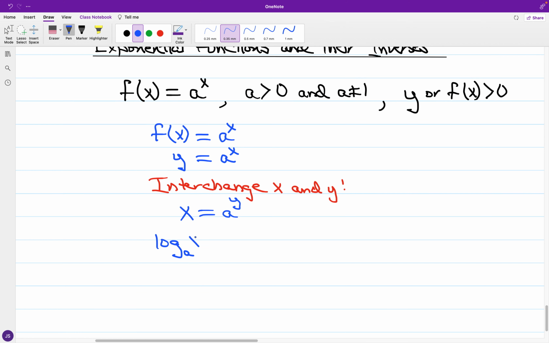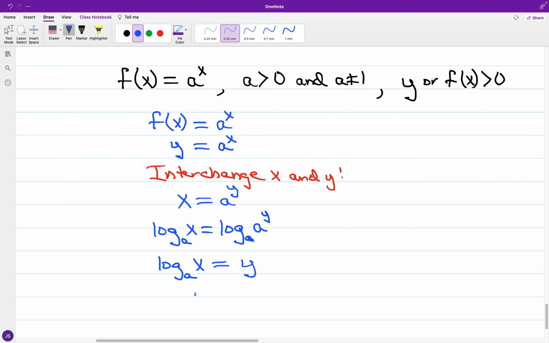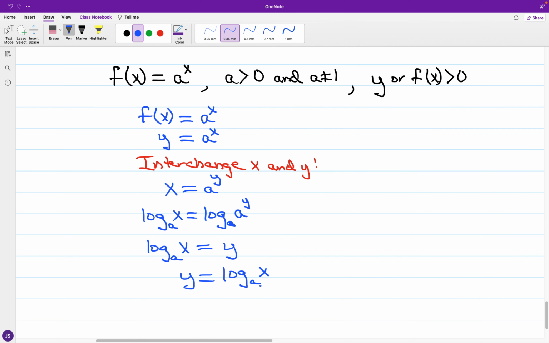And again, this led to the base a logarithm of x is equal to the base a logarithm of a to the y. And again, bases and logarithms and exponents will reduce to the power to which the exponential base is raised. So you had the base a logarithm of x is equal to y. So you had that y is equal to the base a logarithm of x. And once again, that is going to be our inverse.